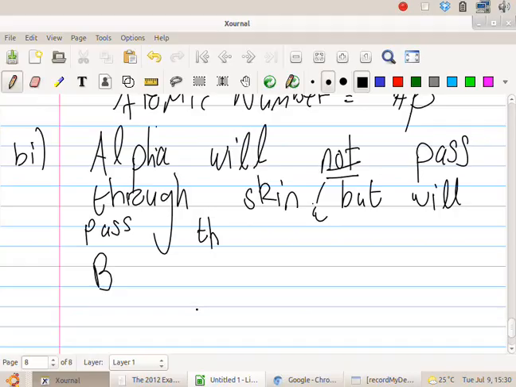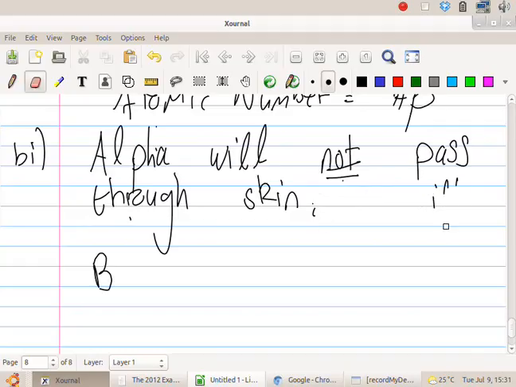How about if I say very thin paper? I want to say something that would go through, or maybe it won't go through anything. Pass through air. All right, maybe I'm just opening up a can of worms if I try to do this.